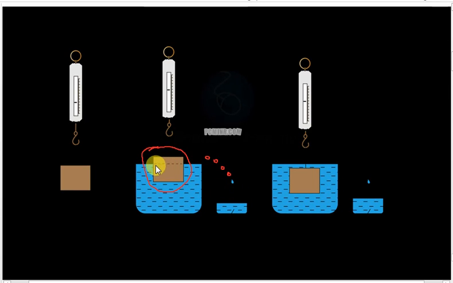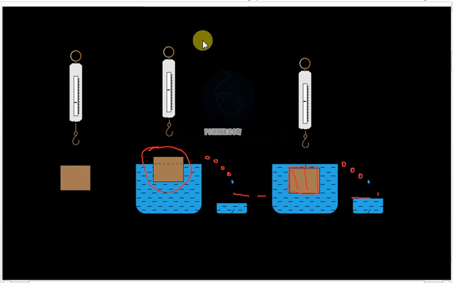Now here some part of it has been immersed, and here you see that the entire block is immersed inside, and the amount of water that has flown out and collected here is more than this level, right? So when we immerse a body in water, some water is displaced to make space for the body.